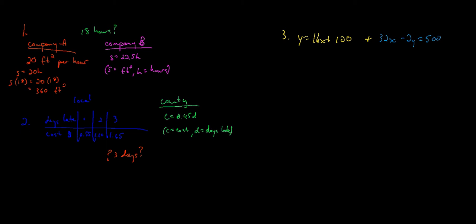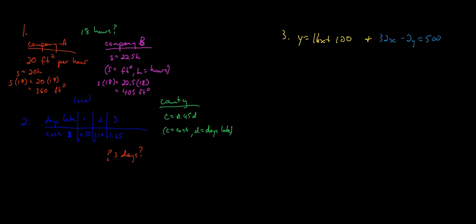And with Company B, we have S of 18 equals 22.5 times the 18 hours, which equals 405 square feet.